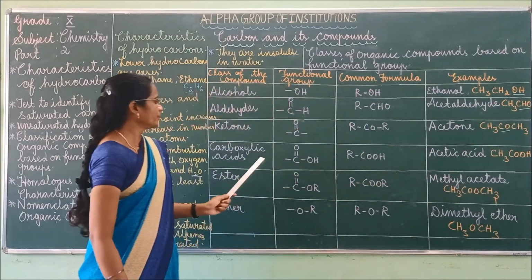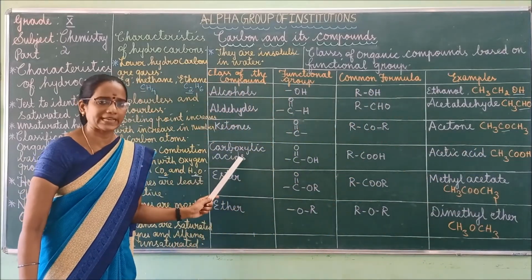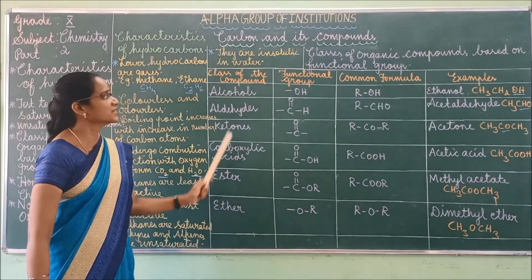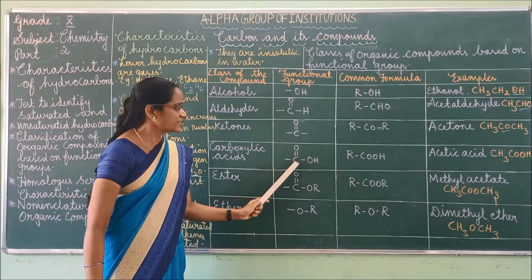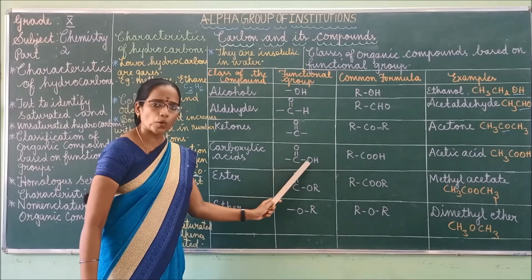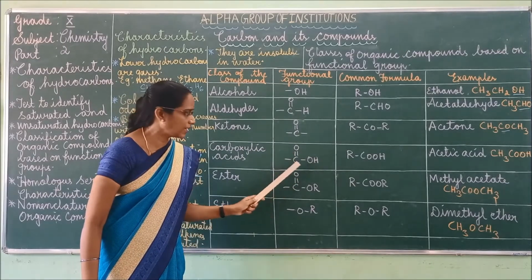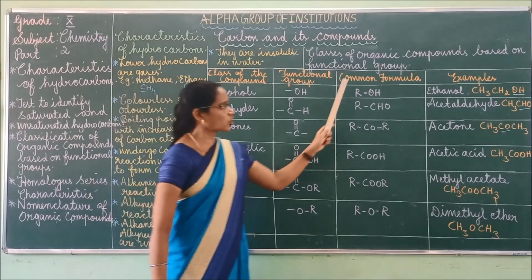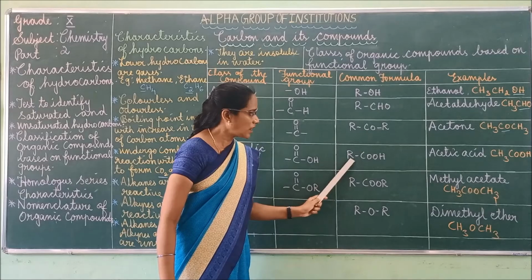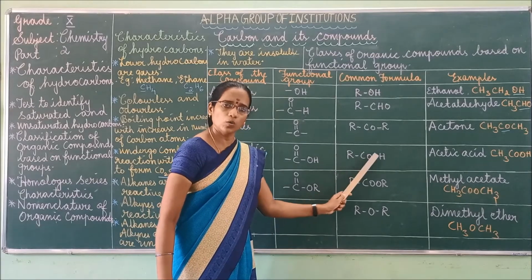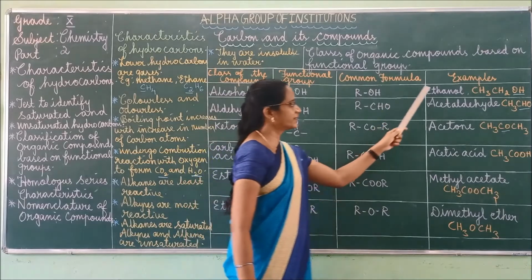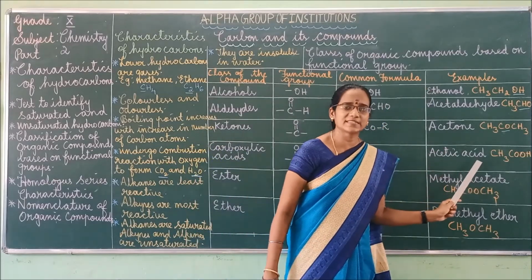Got it? Right. Next one is carboxylic acids. Its functional group is COOH, where a double bond will come here, and its common formula is RCOOH. Its example is acetic acid.